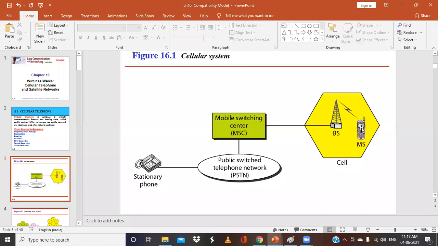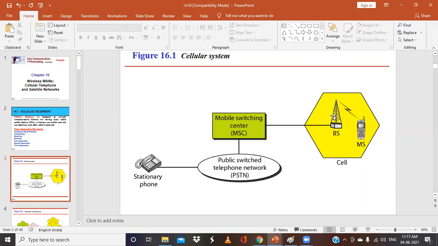Here we have shown only one mobile station, but there can be another mobile station and so on. To cover that particular region we have these base stations, or antennas.